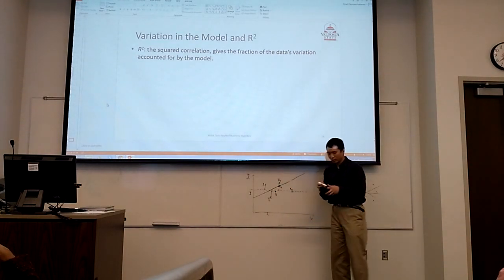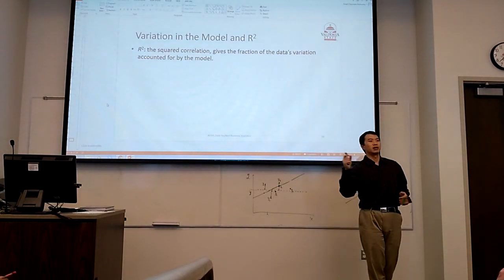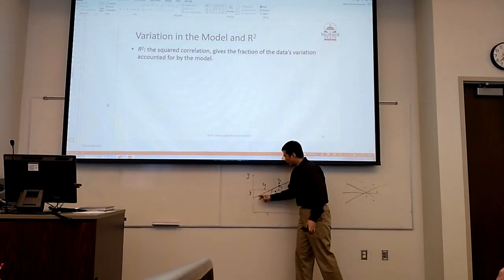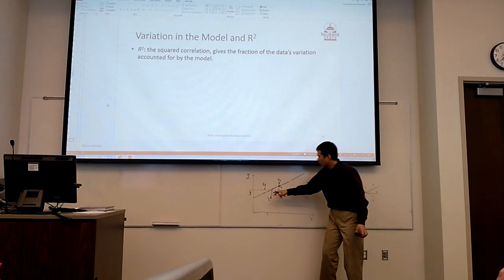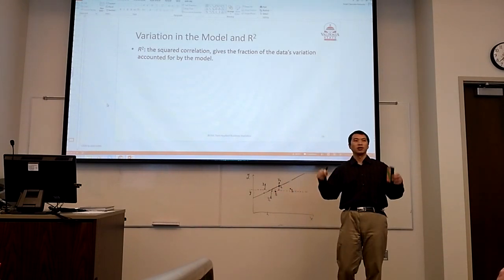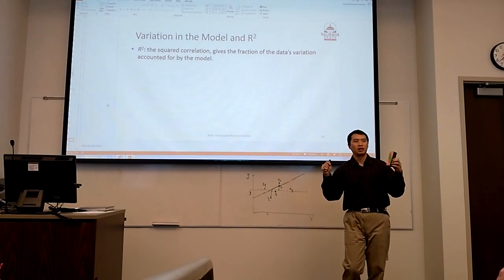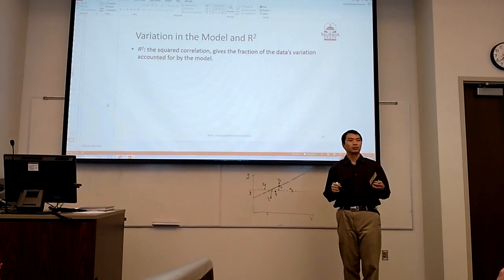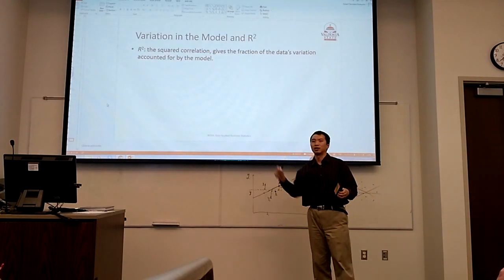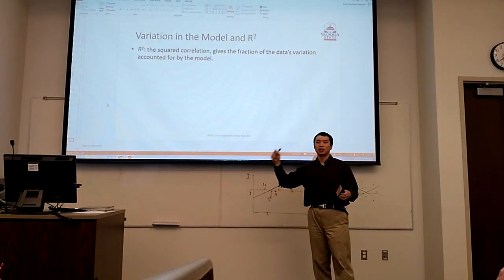If this difference is really small, let's say 0, so all the estimated y values have no difference with the actual y values, that means all those data points are exactly on the regression line.